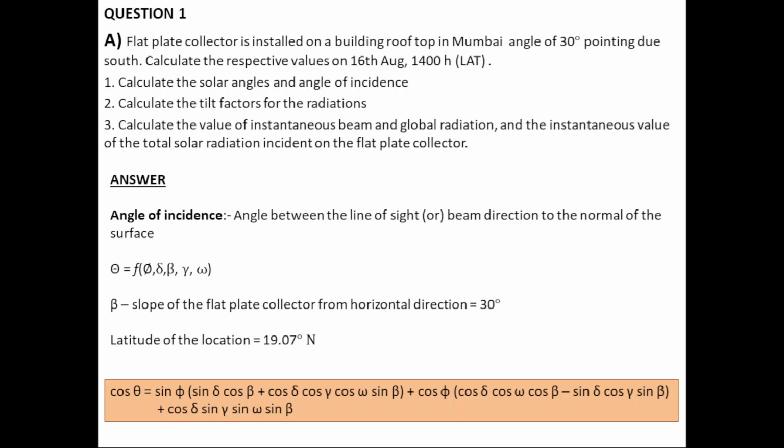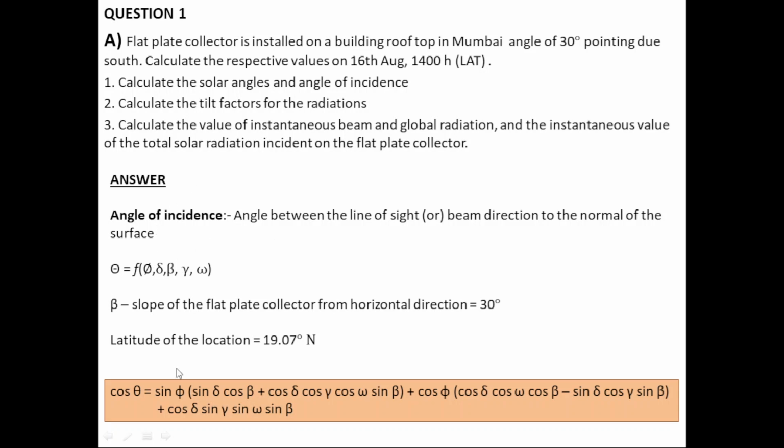If you remember, in week 1 we went through the calculation of how to convert solar time to local apparent time, where we involve the equation of time correction, the B value, and then use the standard longitude to get the local apparent time.